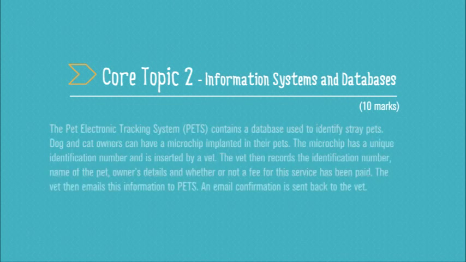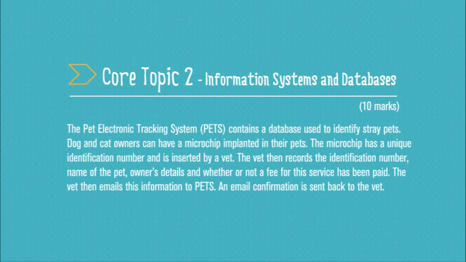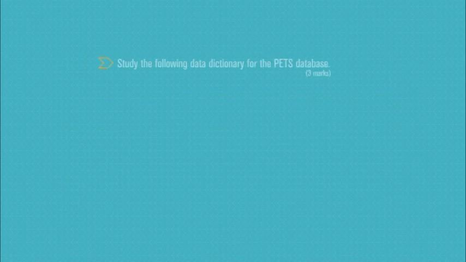Let's move on to a short answer question from the databases topic from 2008. Once again, we've got a scenario here. This one's about pets and a pet electronic tracking system. They've put microchips in pets, and they've got a database of these pets.